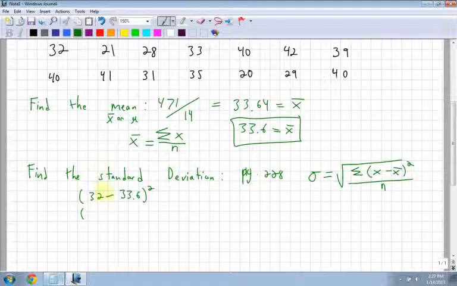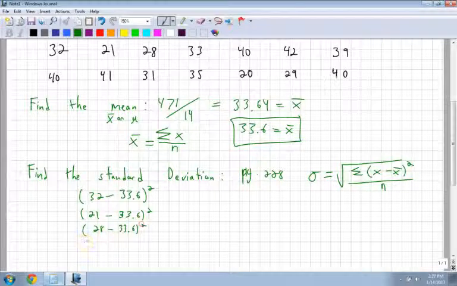Then I have the next one: 21 minus 33.6 squared. The next one is 28 minus 33.6 all squared. The next one is 33 minus 33.6 all squared. Next one is 40. I'm going to run out of space here. 40 minus 33.6 all squared.